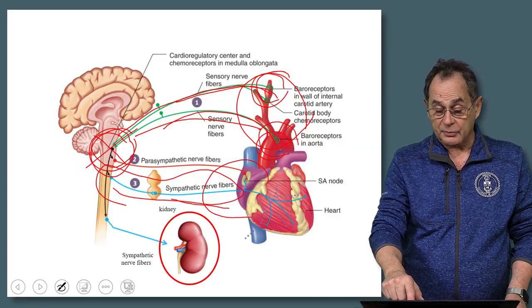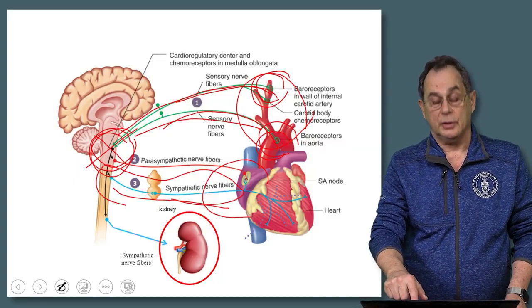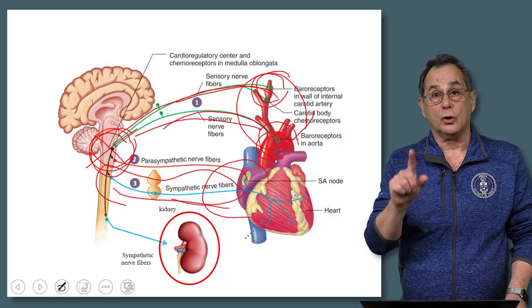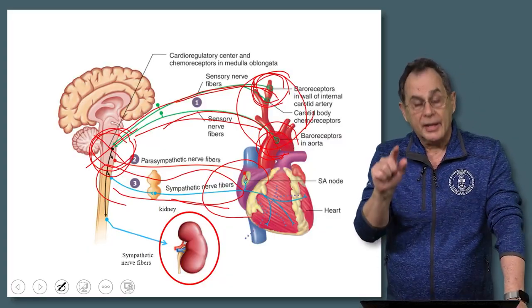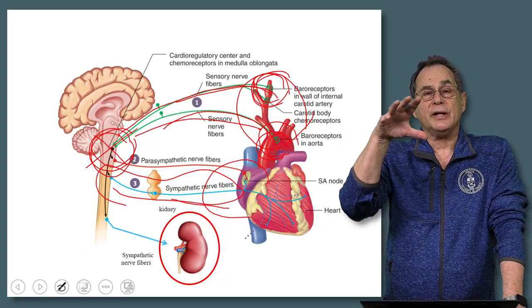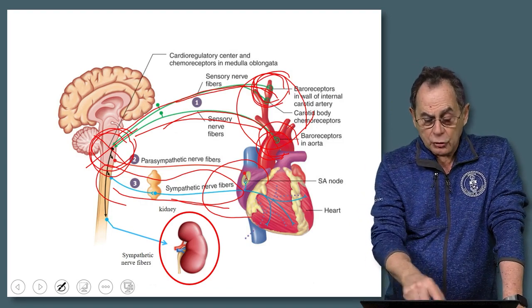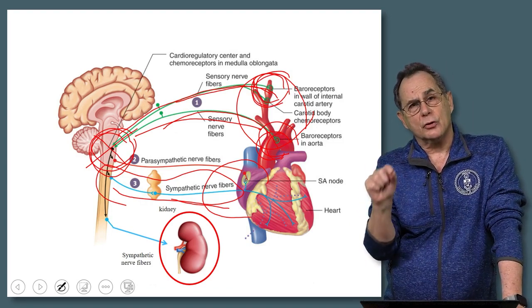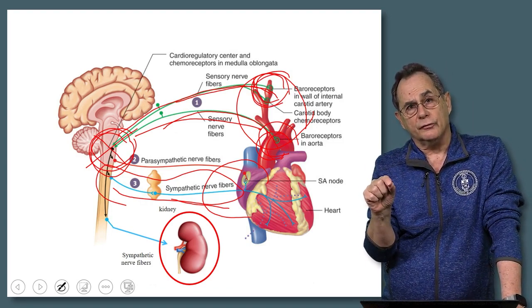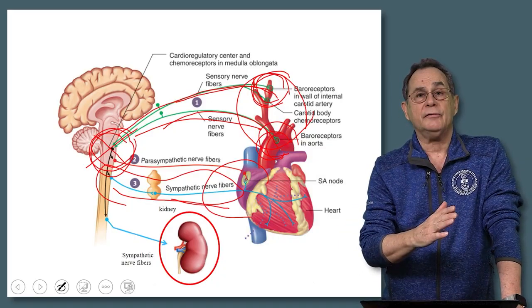If the volume and pressures decrease in the arch of the aorta and the carotid body, then the nerve traffic will be diminished. This nerve traffic through the vagus nerve and the 9th cranial nerve provides an inhibitory influence.